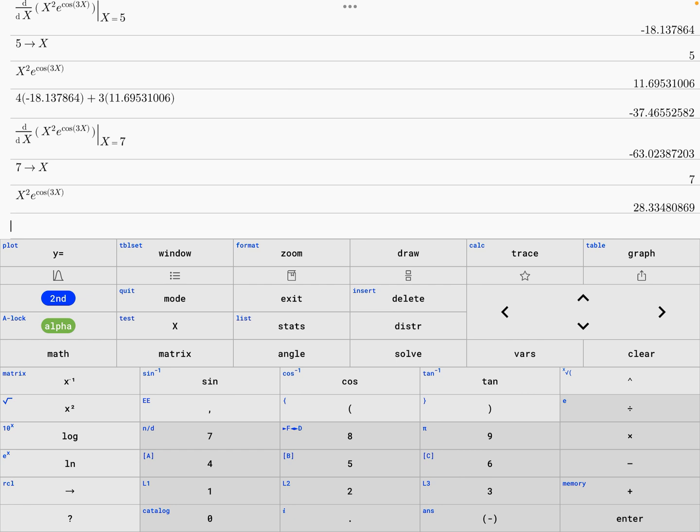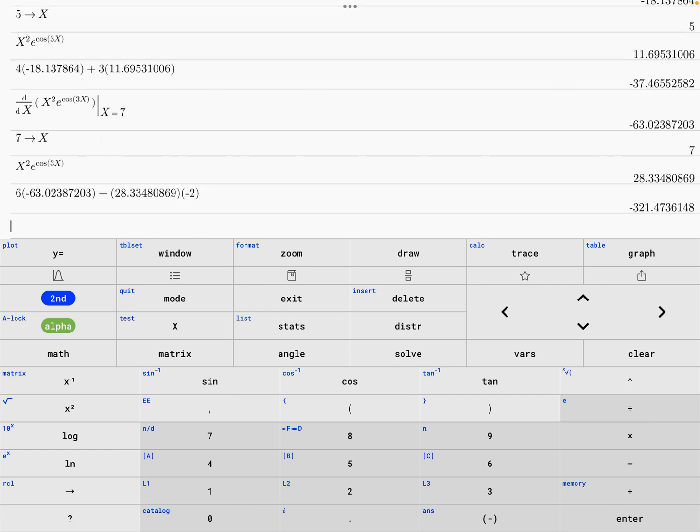This might take a couple more steps, but let's do 6 times h prime of 7. So that was this line right here, minus h of 7, which was that right there, multiplied by negative 2.